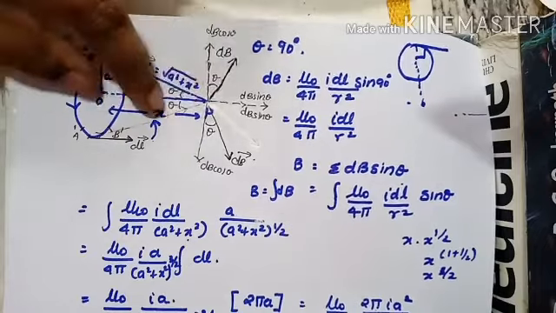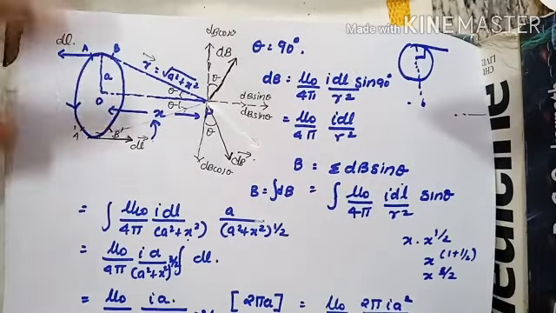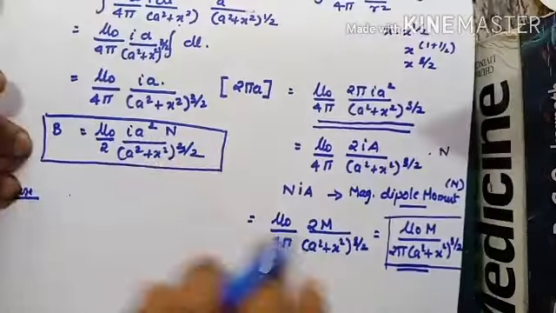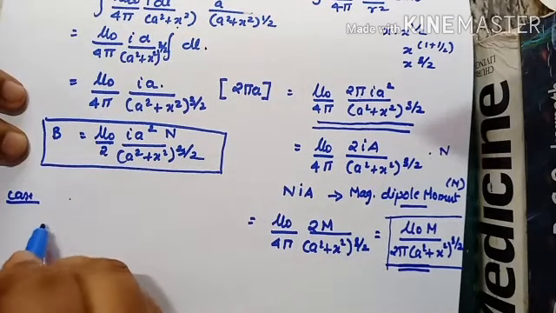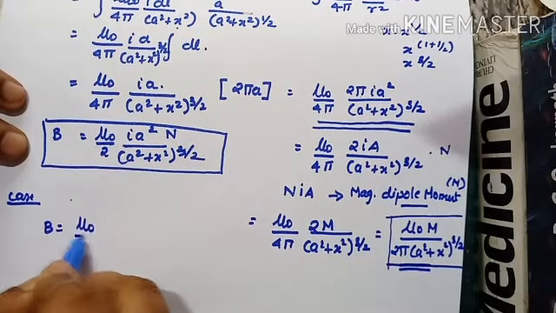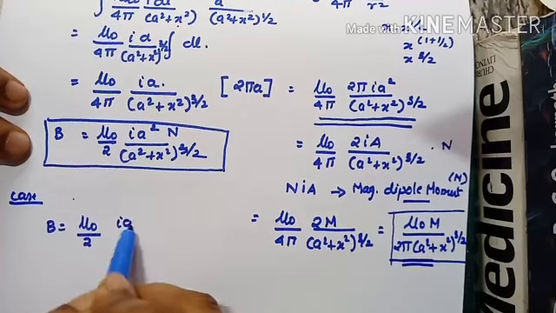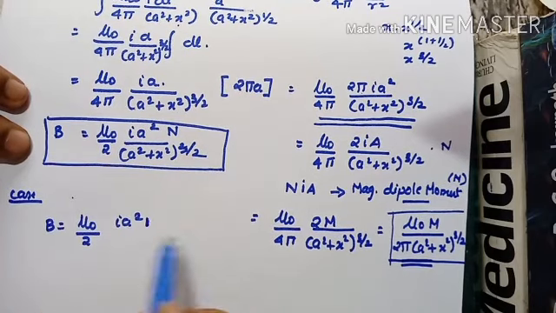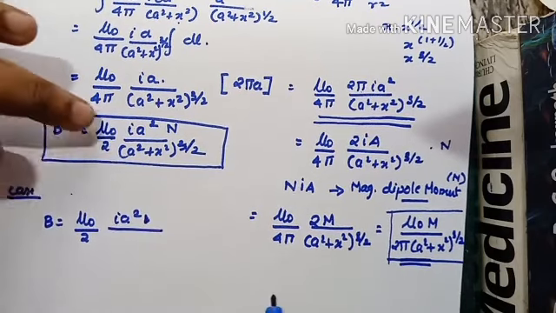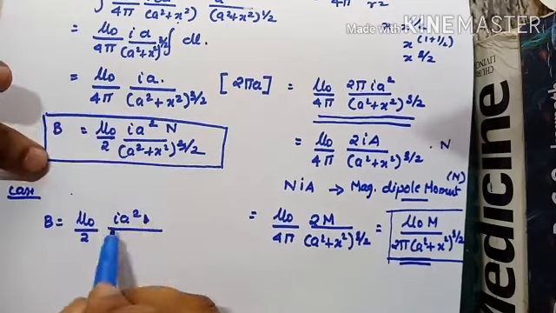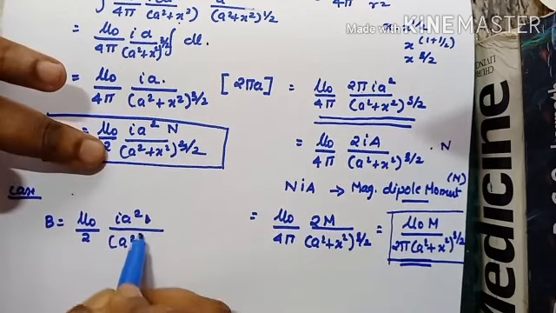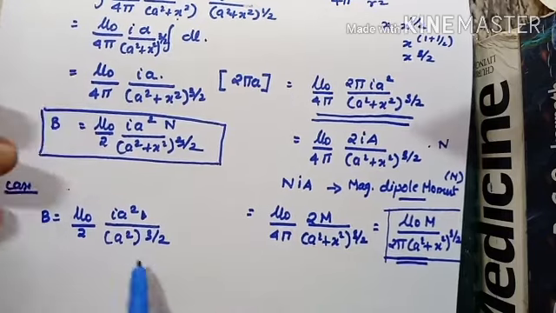When you consider center, this x goes off. So what happens to this equation, guys? B is equal to mu 0 by 2 I a squared. Let's not take n, you will later on take it as n, right? A squared, then the x square goes off, right? So a square raised to 3 by 2. So 2 cancels off.